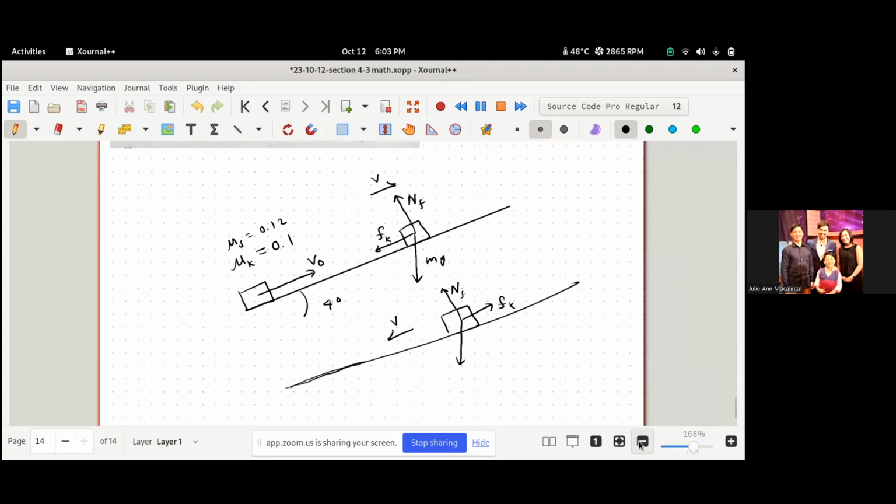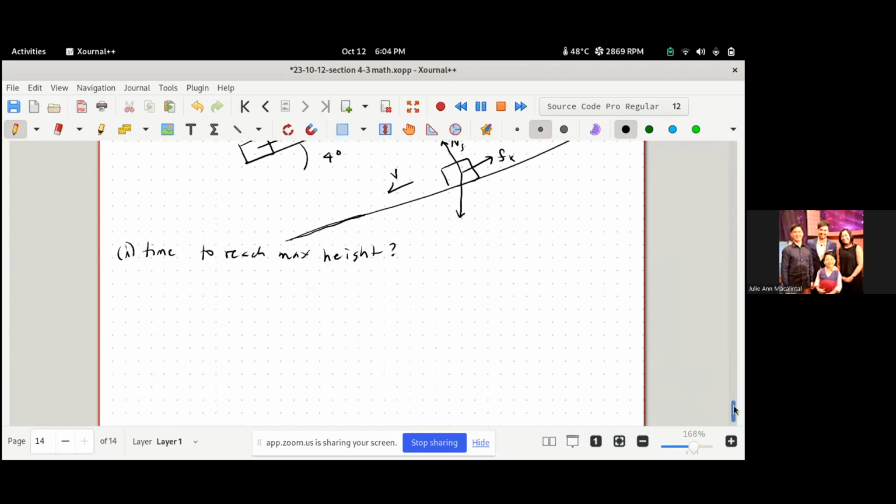So, yung time to reach maximum height, that's 1. And then yung part 2, ano yung time to get back to original position.